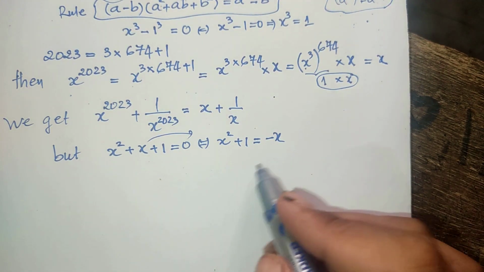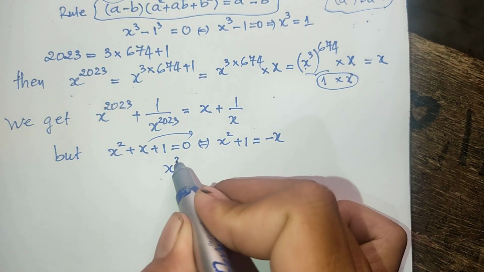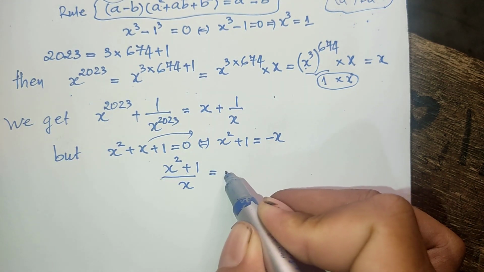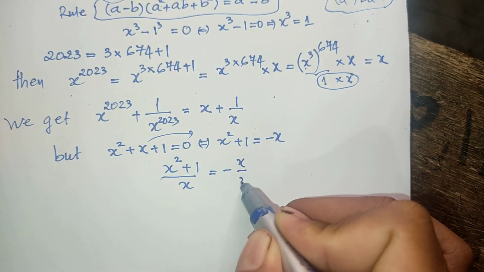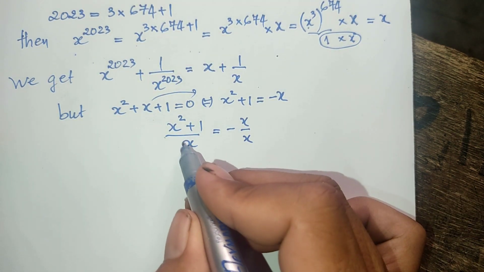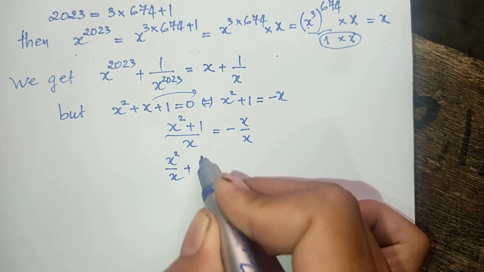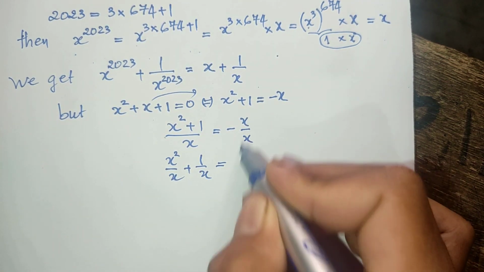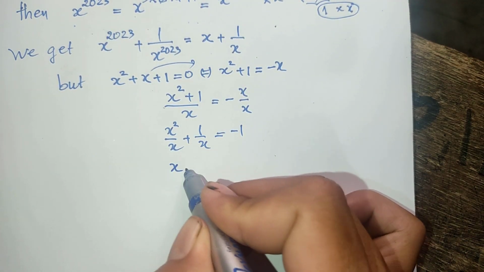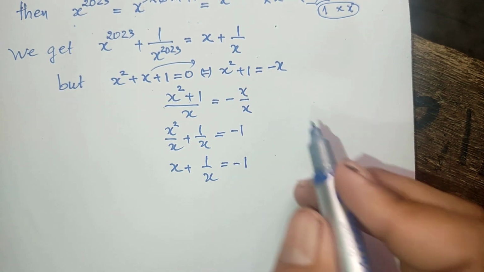And now I divide both sides of this equation by x. So I get x squared divided by x plus 1 divided by x is equal to minus x divided by x, which is minus 1. And so we get x plus 1 divided by x is equal to minus 1.